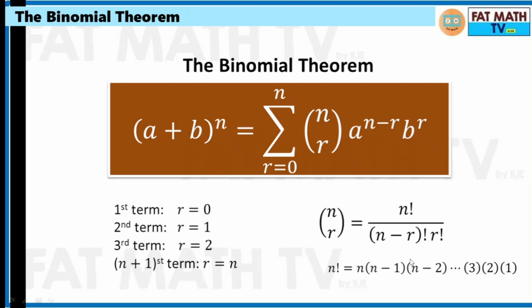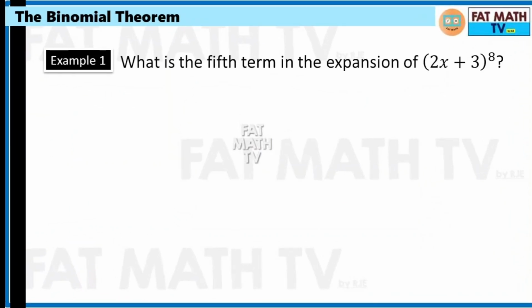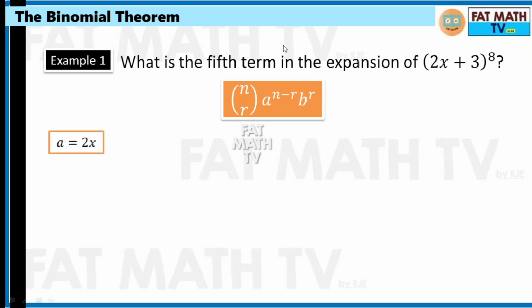Okay, let us apply this binomial theorem in the first example. Example number 1. What is the fifth term in the expansion of (2x + 3) raised to 8? The general formula for this is n choose r, a raised to n - r, b raised to r. Since we are asked for the fifth term here, we will be using r equals 4. In the formula, a is 2x, b is 3, and the exponent n is 8.